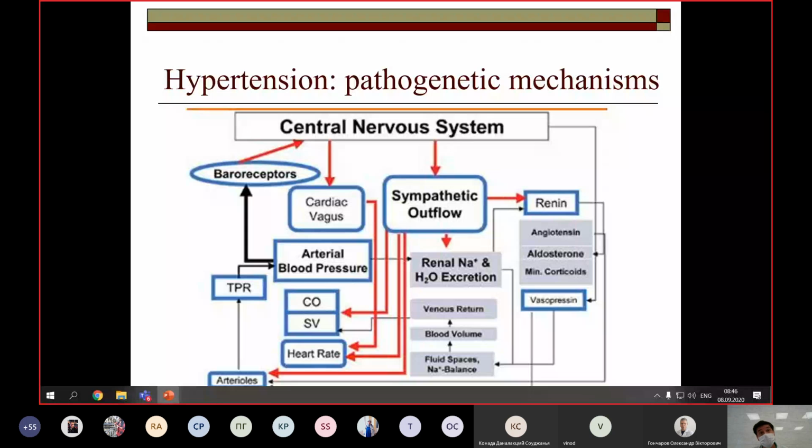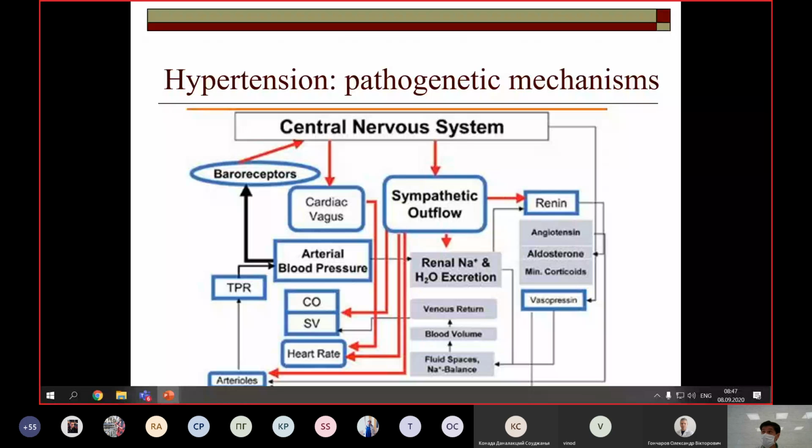Sometimes in younger patients, even in children and adolescents with early atherosclerosis, for instance, patients with familial dyslipidemia, central nervous system hyperactivity really can stimulate the increased outflow and overproduction of renin activity.